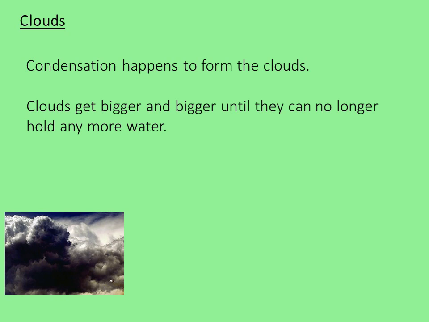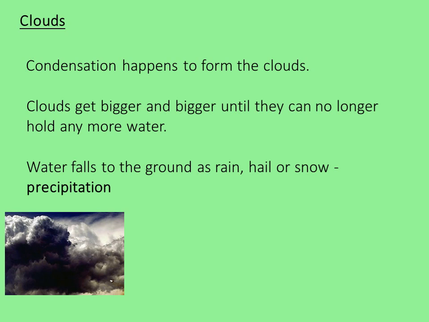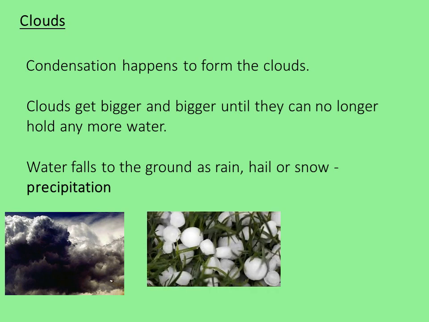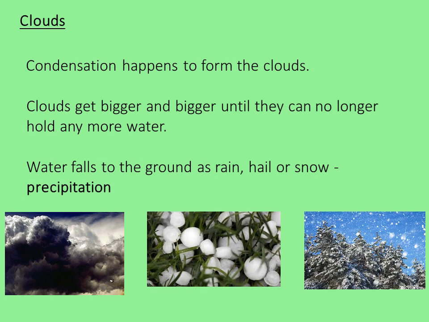Now, what happens is the clouds get more and more water, they get bigger and bigger until they can't hold onto it any longer and they have to release it. And water falls to the ground as either rain, hail, or I might have mentioned before, my favourite, snow. And this is precipitation. So these three are anything wet that falls to the ground from the clouds.